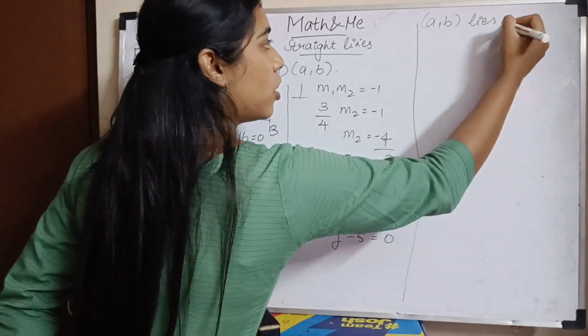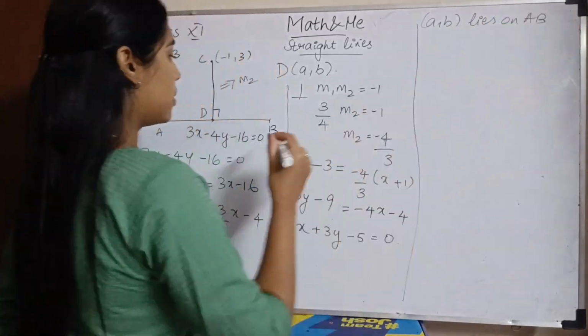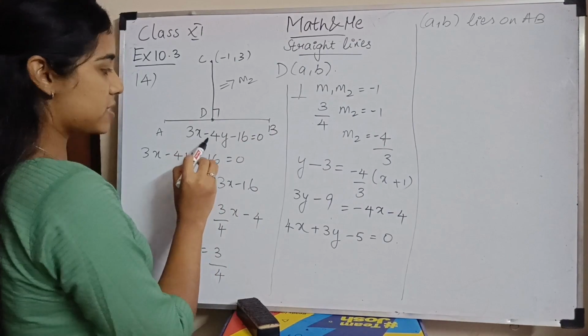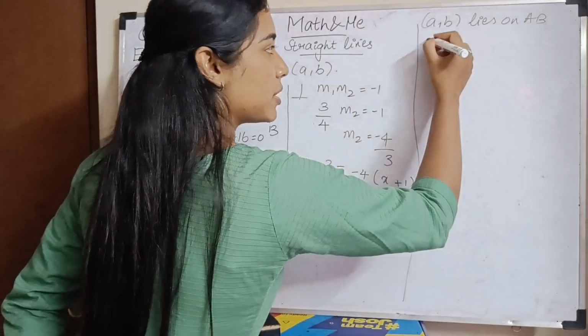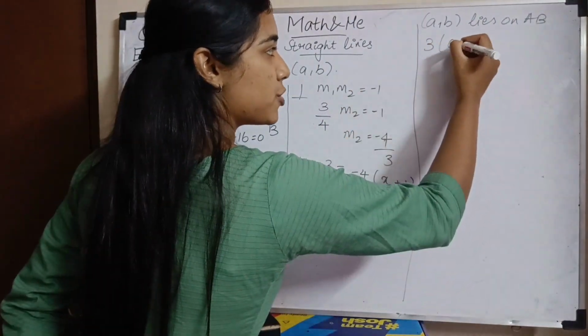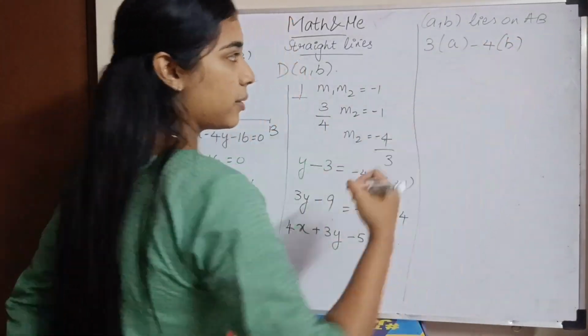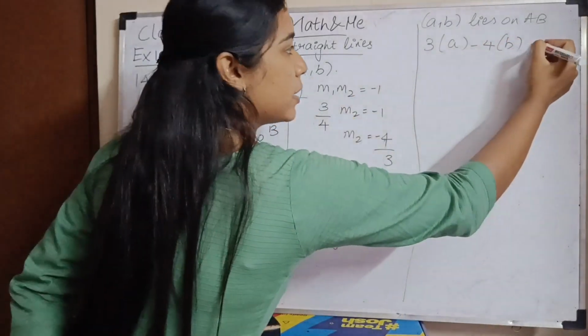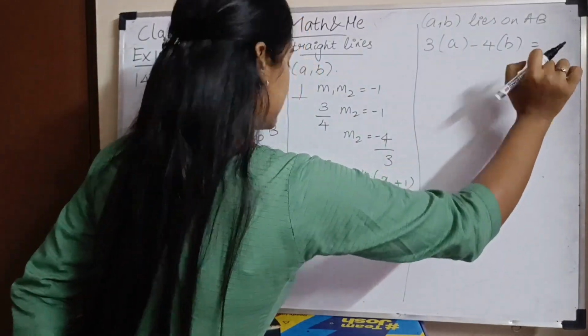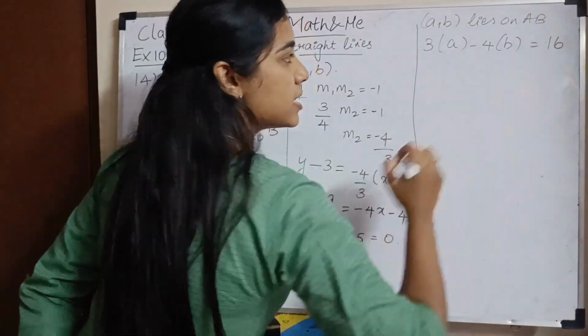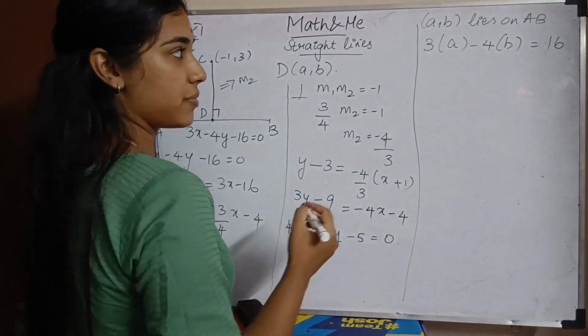When A and B lies on AB, what is the equation of AB? 3x minus 4y minus 16. But instead of x, I'm going to substitute A, and instead of y, I'm going to substitute B, equals 16. So this is your first equation.